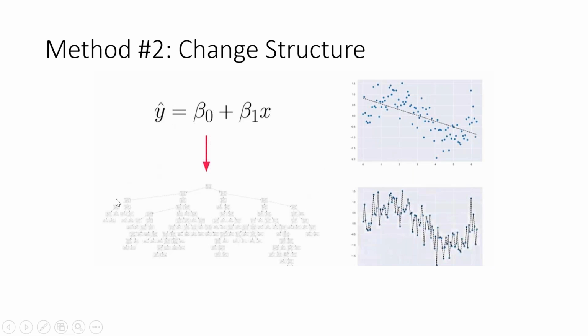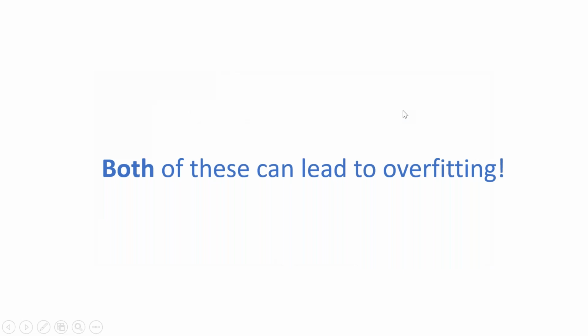So that is why we change the structure. This is one other way to increase my complexity, and then we used the tactics to smoothen things. Both of these can lead to overfitting, because you are intentionally increasing the complexity of the model.